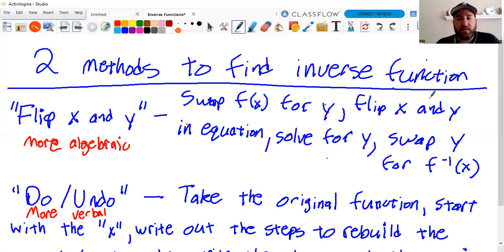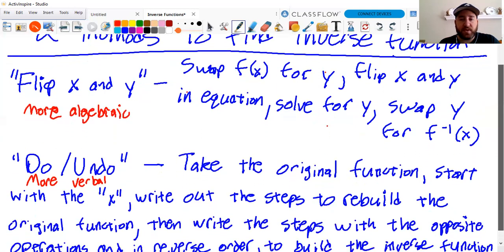If my x has a coefficient on it, or if I've got like x divided by 2, I don't bring the divided by 2 with it. I just flip x and y. Then I solve for y, using my algebra skills. And then the last thing is to swap the y back out for the inverse function notation. So when I solve for y, that will be my inverse function, but I've still got to stick the inverse function notation back on it.